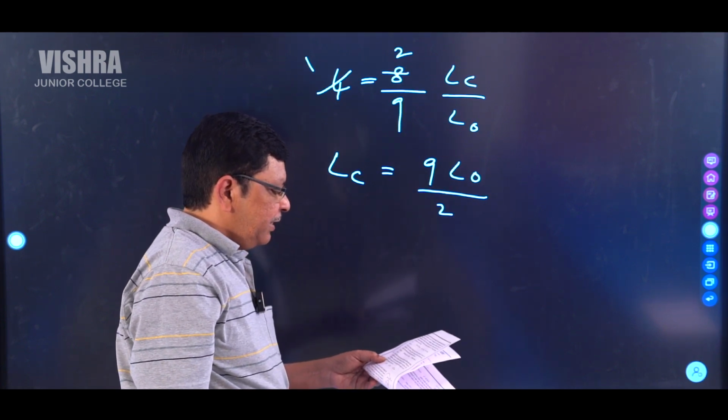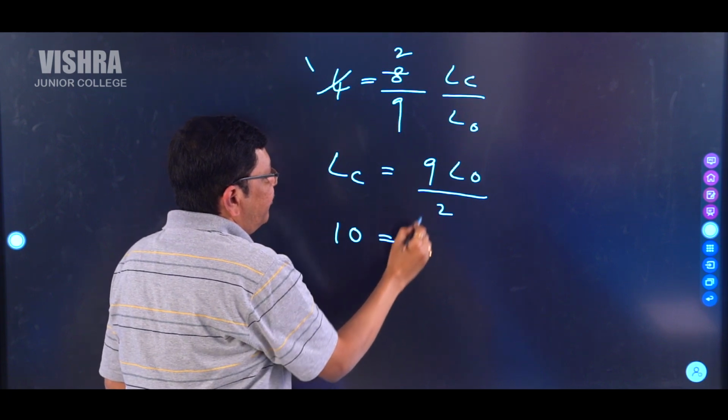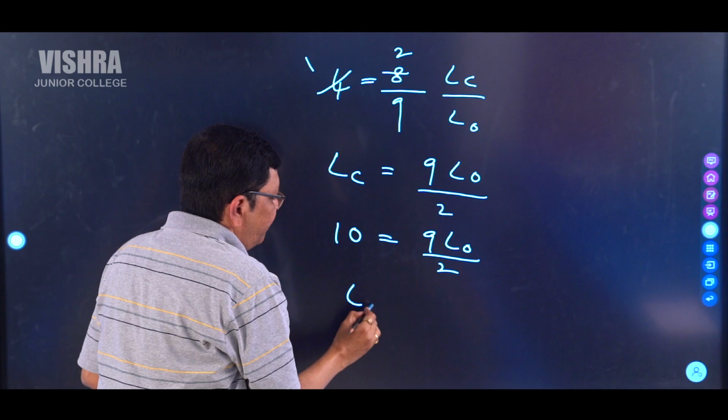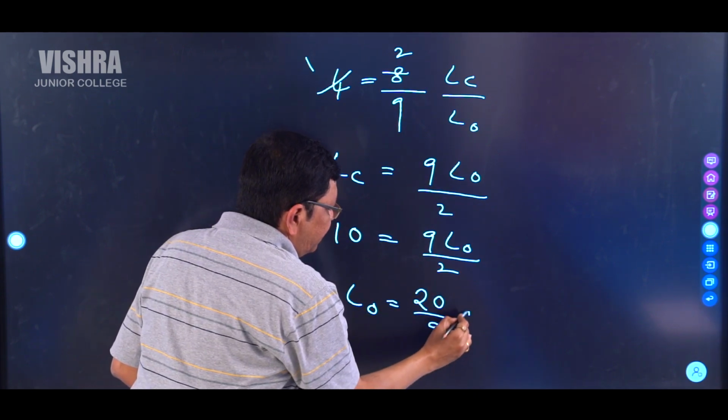The question gives the length of the closed pipe as 10 centimeter. What is the length of the open pipe? That is 9 L open upon 2, so the length of the open pipe will be 20 by 9 centimeter. So this is the answer.